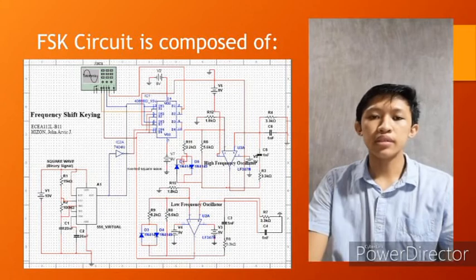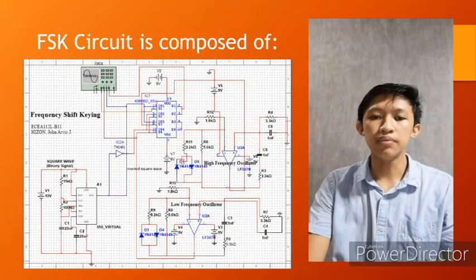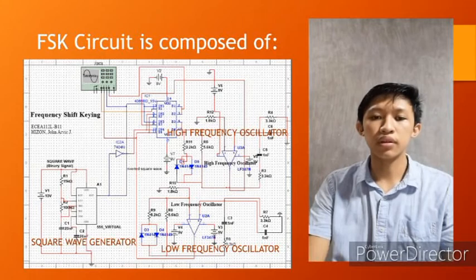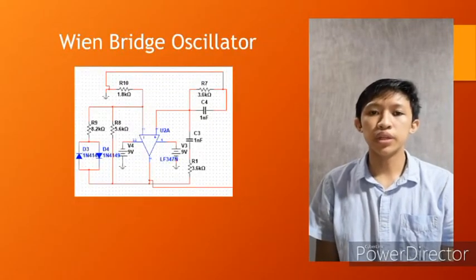My FSK circuit is mainly composed of 4 parts. These are high frequency oscillator, low frequency oscillator, square wave generator, and the FSK modulator itself. I used Wien bridge oscillator for both my sine wave generators.